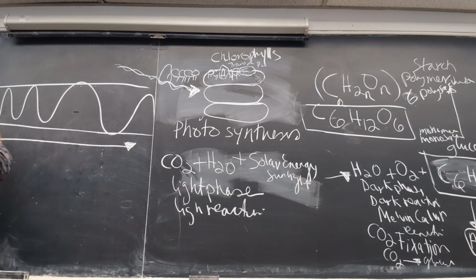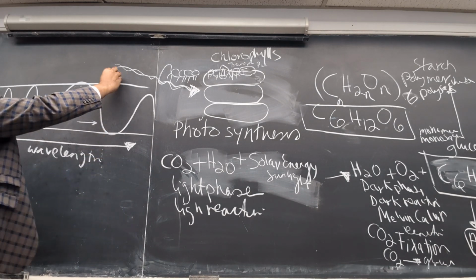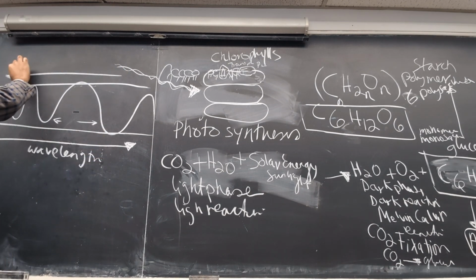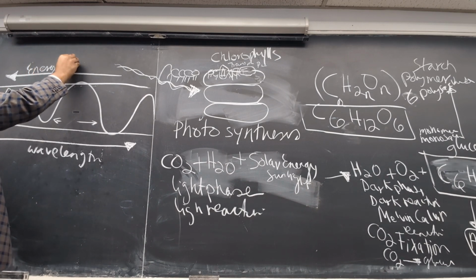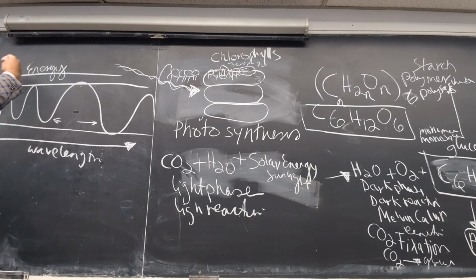So if you go in this direction, you see the wavelength is really long. That's increasing wavelength. And in the other direction, that is increasing energy. This is increasing energy, and this is increasing wavelength.